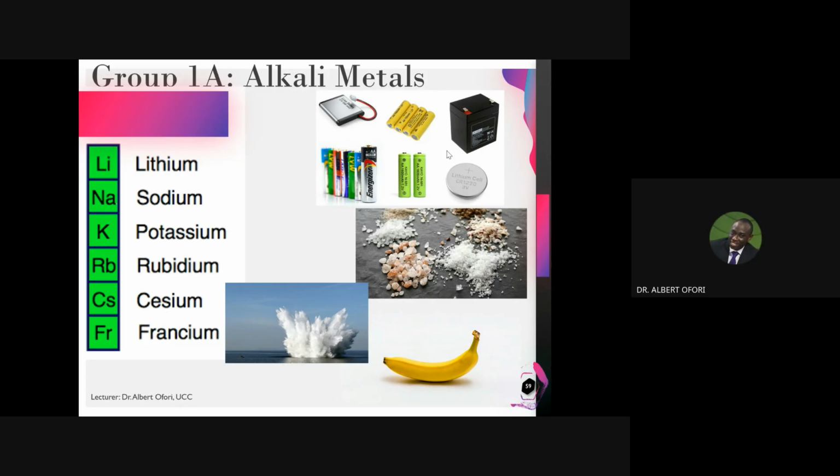Basically I'm showing you batteries, which come from lithium. Then I'm showing you salts, which can be potassium and sodium salt, and potassium also from banana. I didn't show you lithium. From the rubidium, francium, and cesium, I'm just using this picture to show how explosive they are. I've not started dealing with this one yet, so that's what I'm trying to say here.